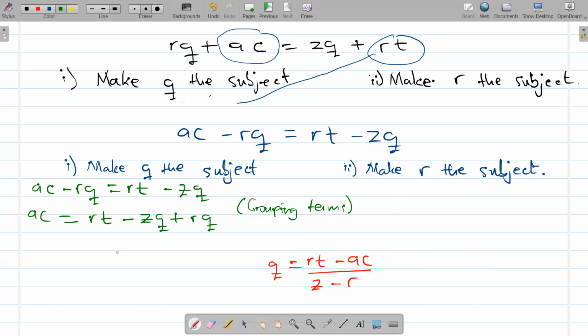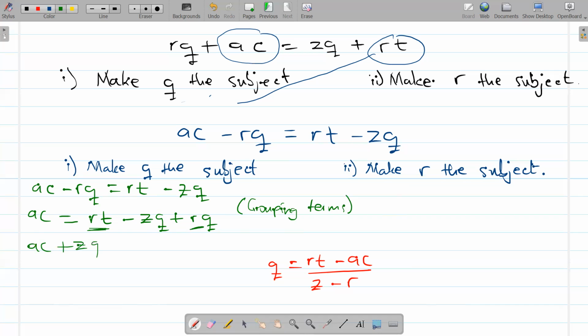Now I want to make R the subject. I have my first R here, I have my second R here. But this does not belong here, so it has to go to the other side, to AC. So we have AC, this moves. If it moves, it becomes plus.